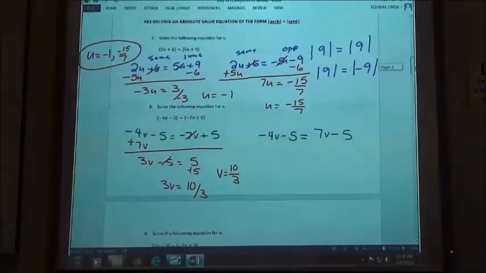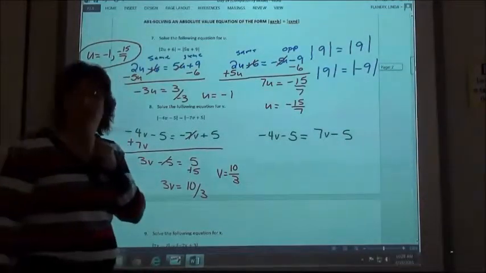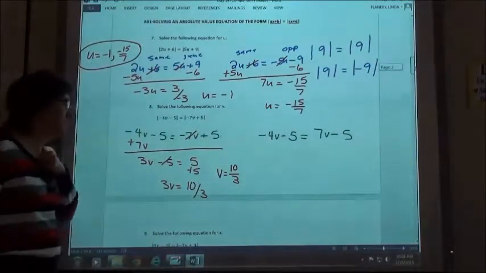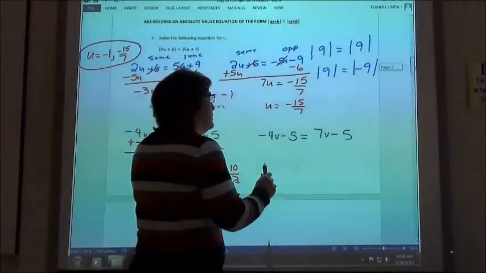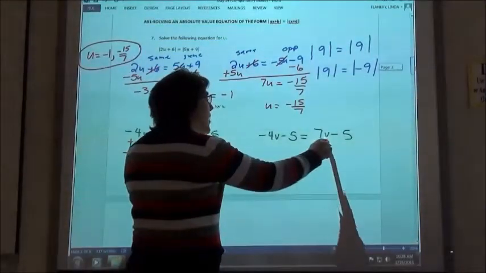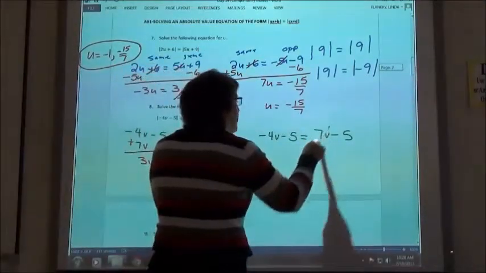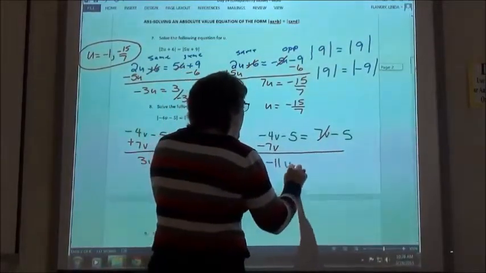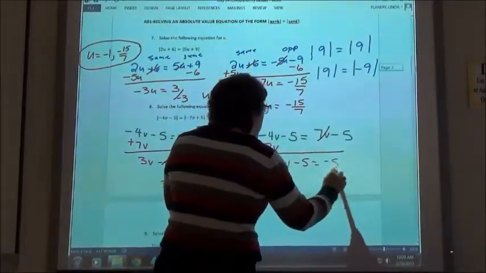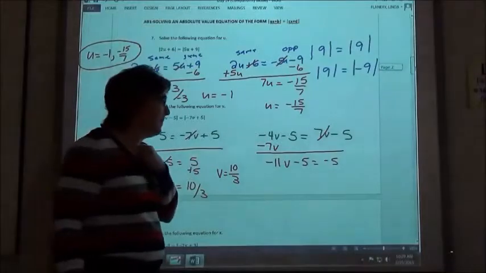Okay, on the other side, what should we do? Make your negative 4v a positive 4v. You could. You're going to move it this way? Oh, I can make the 7, negative 7, right? Yep. Okay. Negative 7v, so you get negative 11v minus 5 equals negative 5. Then what are you going to do? Oh, so that negative 5 stays negative?